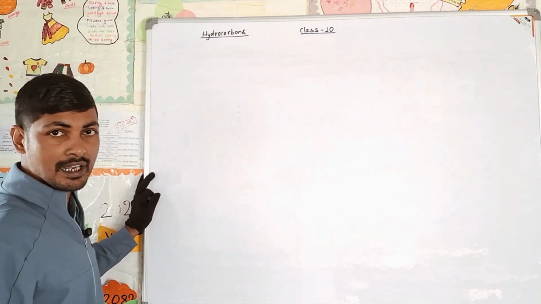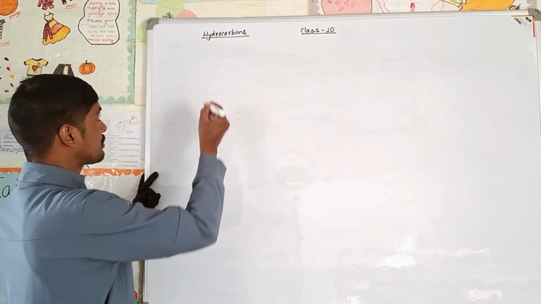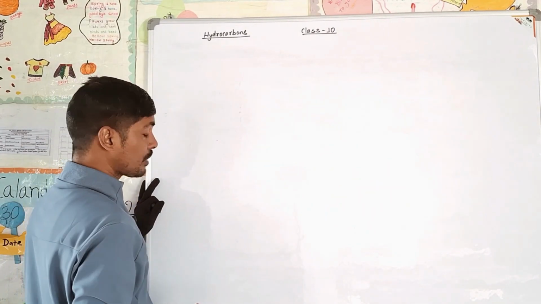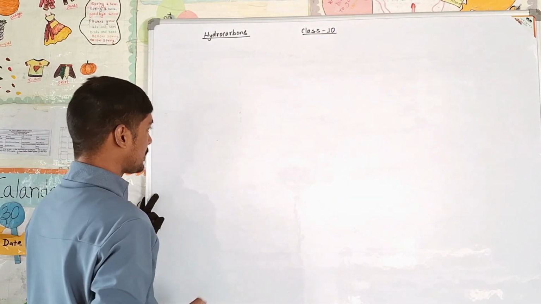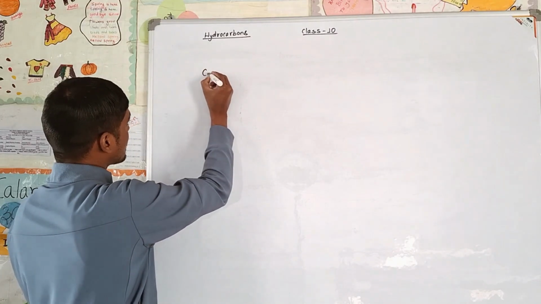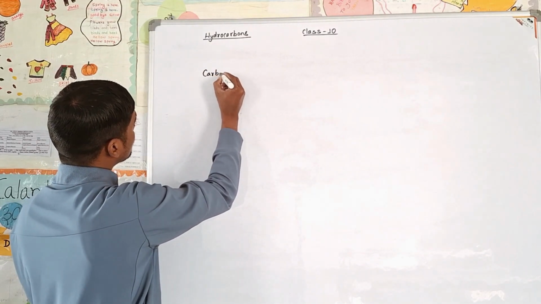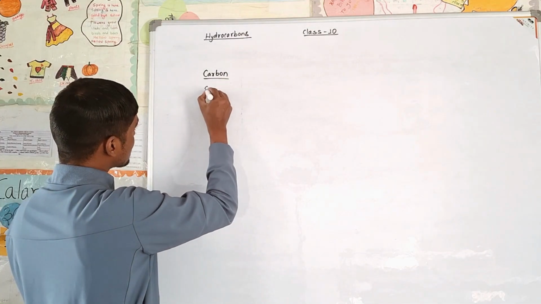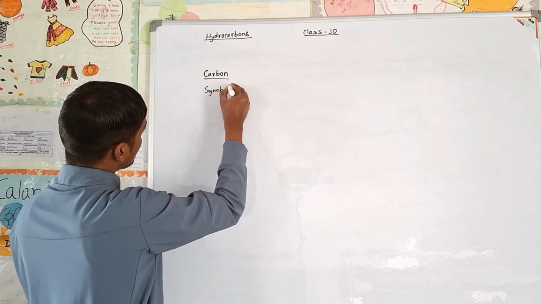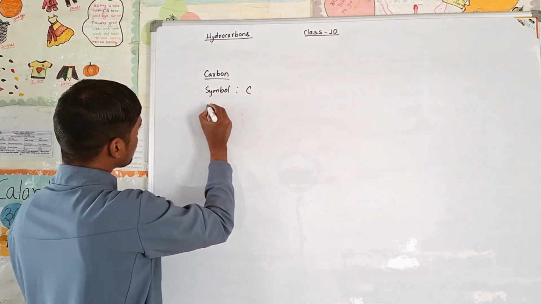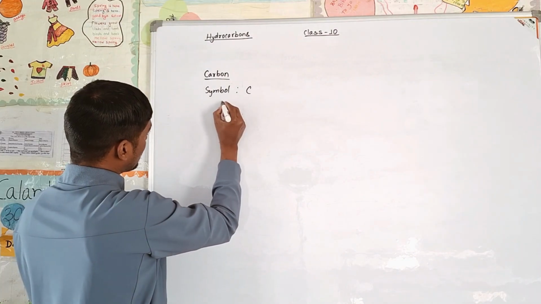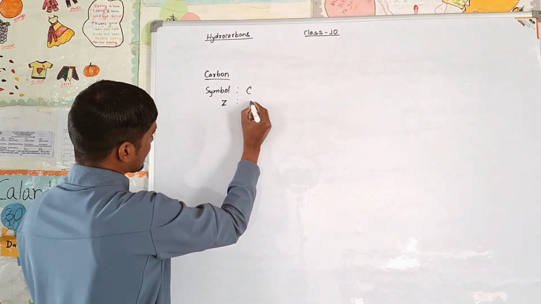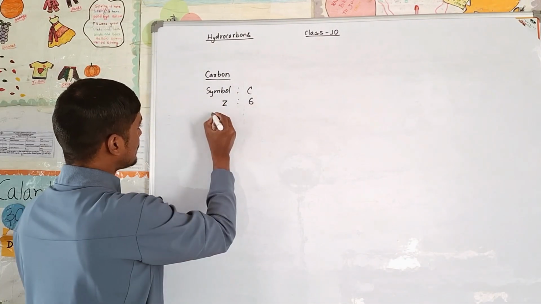First of all, we have to understand carbon, then only it will be easy for us to understand hydrocarbons. What is carbon? Its symbol is C. Its atomic number is 6.